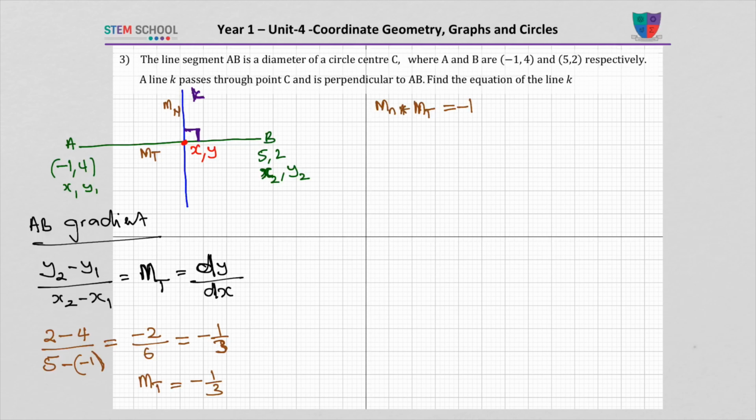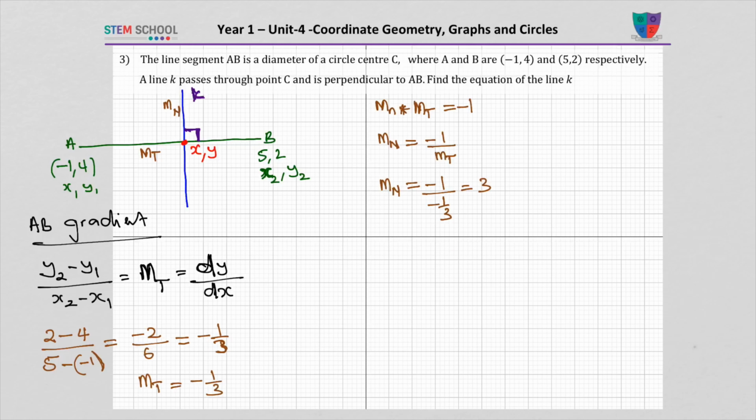So to find the gradient of the normal MN, it will be -1 over MT, and that is -1 over -1/3, and that will become 3. So MN is 3, the gradient of the normal.